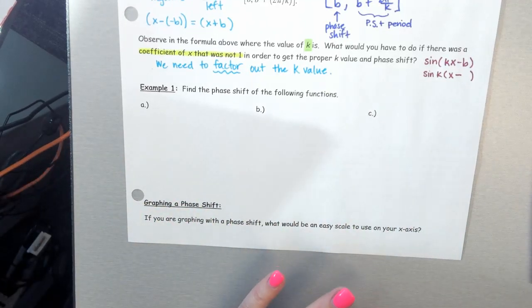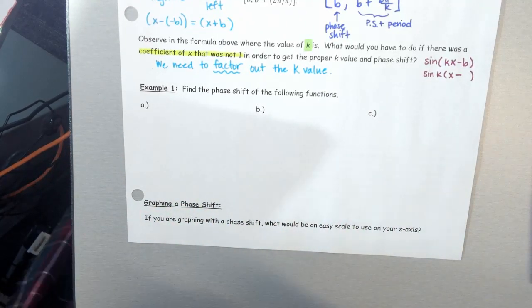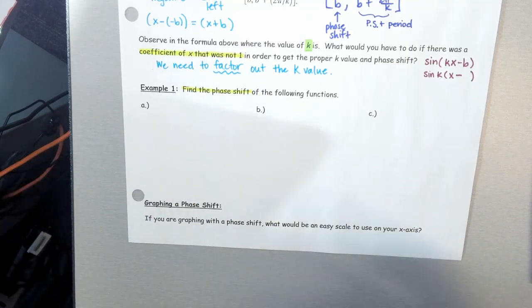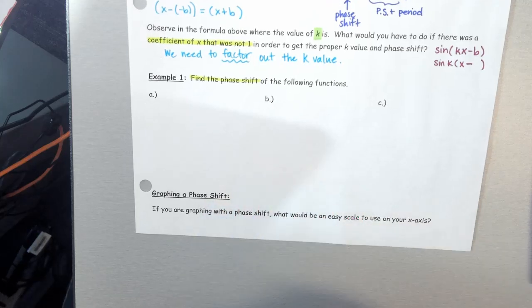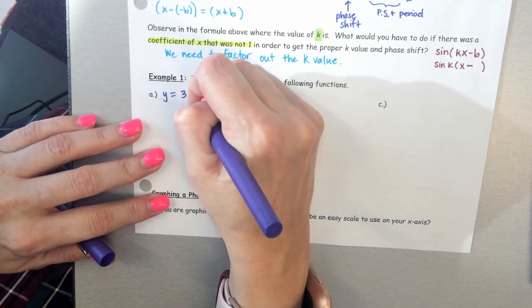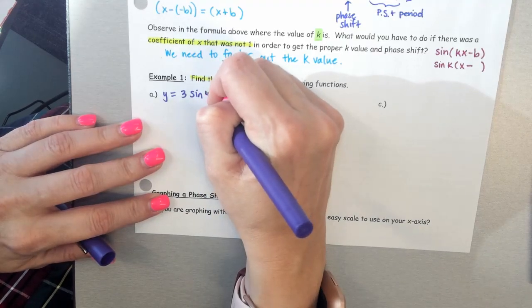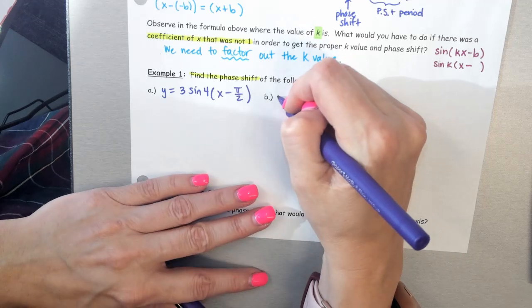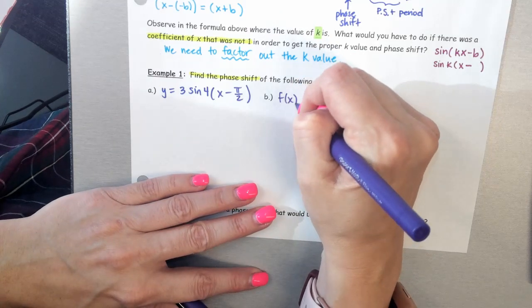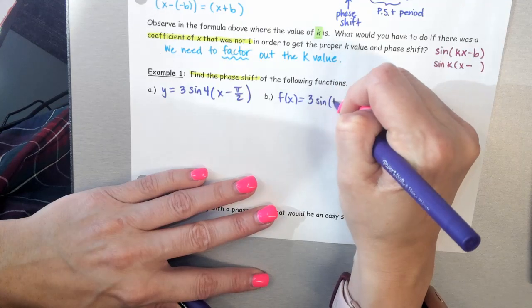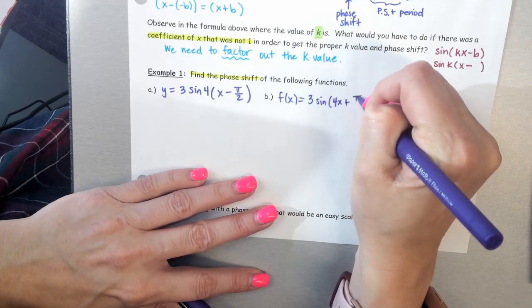So for the next one, we are just going to be finding the phase shift of these functions. Okay, so for part A, we have y equals 3 sine of (x minus pi over 2). And B, we have f of x equals 3 sine of 4x plus pi over 2.